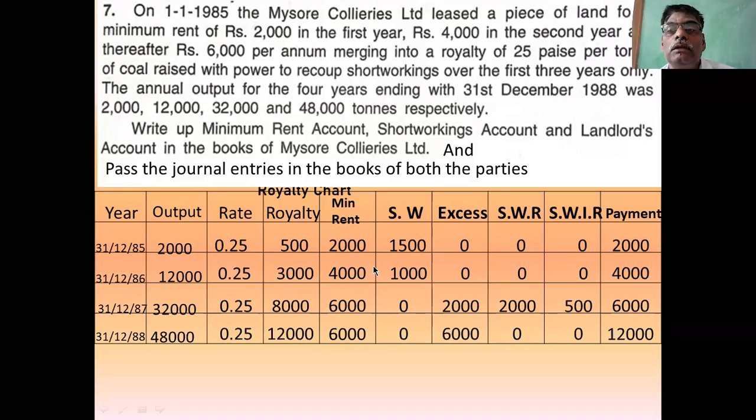Royalty and short working on the credit side, minimum rent amount on the debit side. This is called landlord. First year: to landlord 2,000, by royalty 500, by short working 1,500. Second year: to landlord 4,000, by royalty 3,000, by short working 1,000. In this way, close the account. It completes the first year.